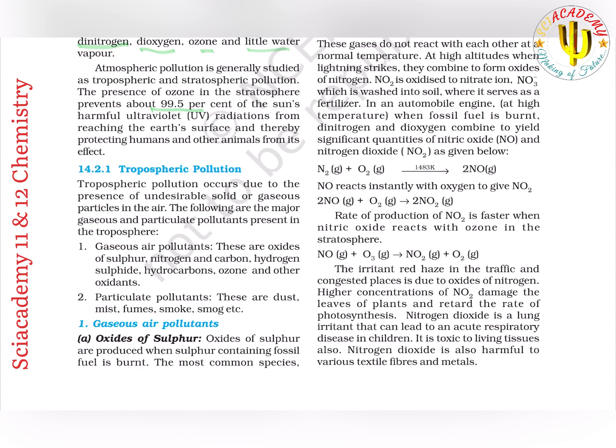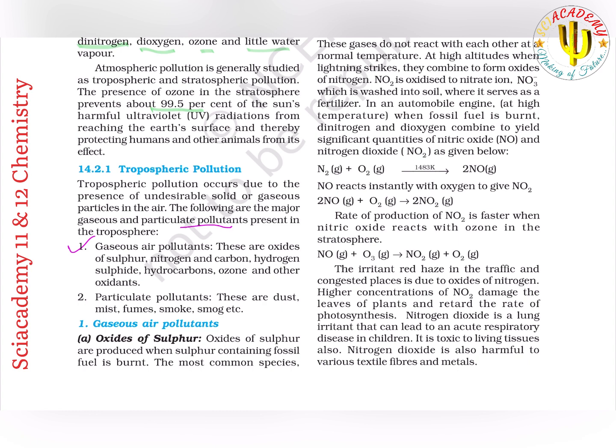14.2.1 Tropospheric pollution. The tropospheric pollution occurs due to the presence of undesirable solid or gaseous particles in the air. The following are the major gaseous and particulate pollutants present in the troposphere.